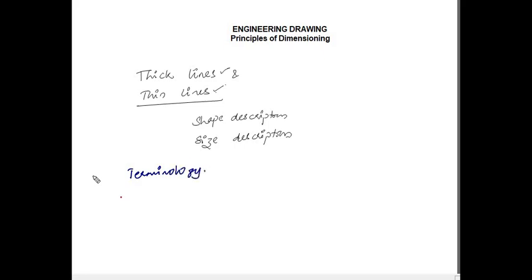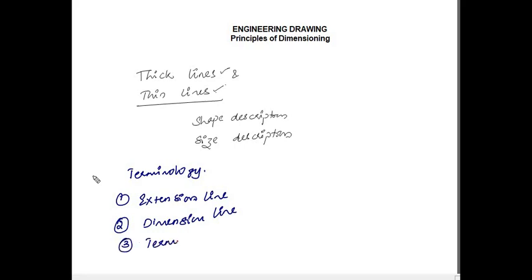So first we have extension line. Second thing is dimension line. Third, termination of the dimension line.